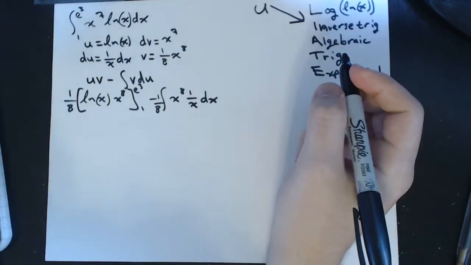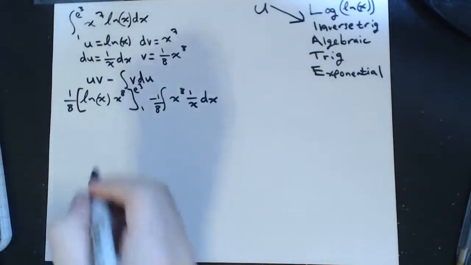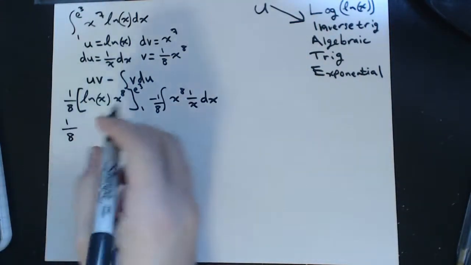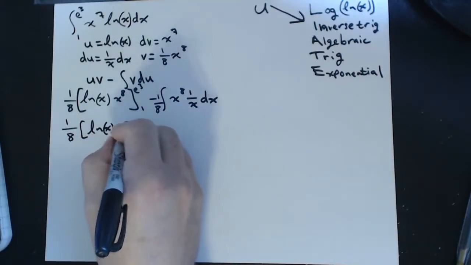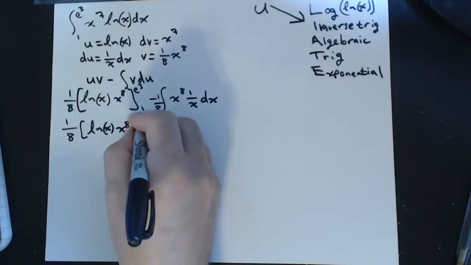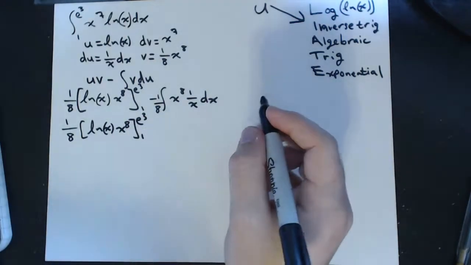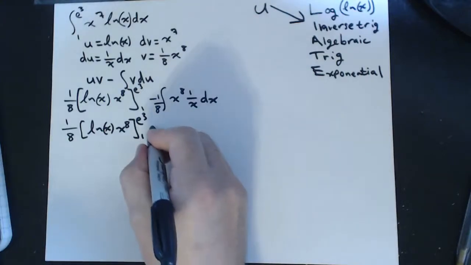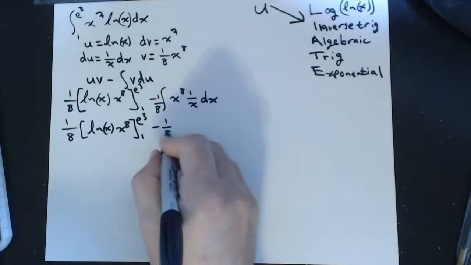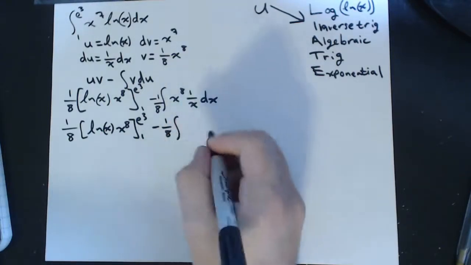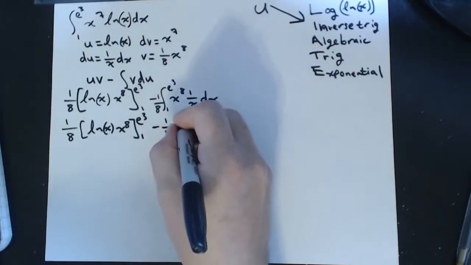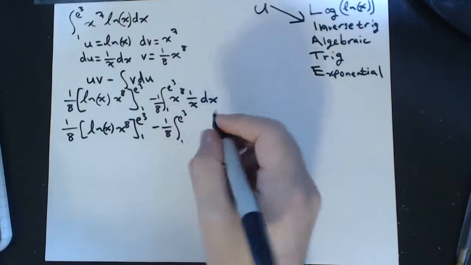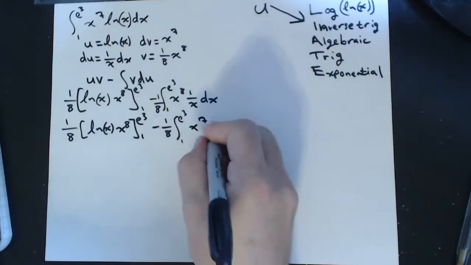So here, I'll simplify this term first, so I'll write this back out. 1 over 8 ln of x, x to the 8th, to e cubed. And then we can simplify this here. This becomes minus 1 over 8 integral, with the same bounds, by the way, 1 to e cubed, of x to the 8th over x, which is going to be x to the 7th dx.